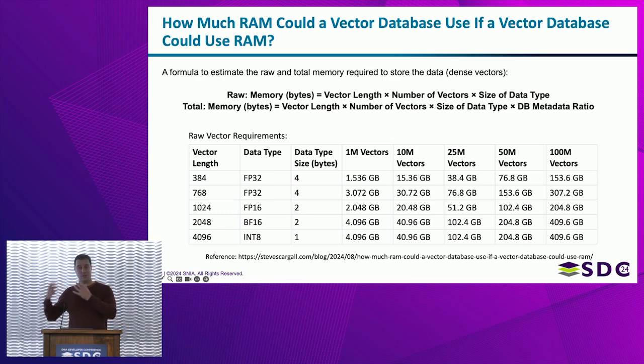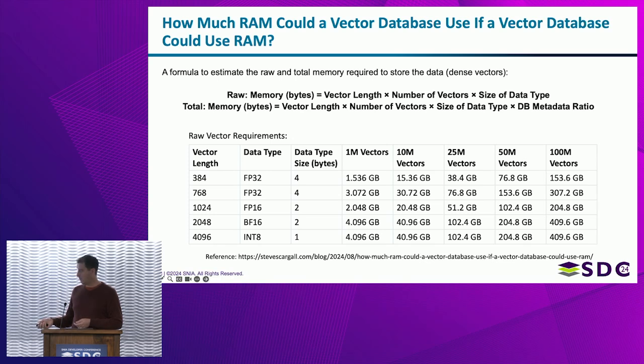And then obviously there's a database behind there, so there's some overhead, and that's what this metadata ratio is on here. So for this example, we chose Qdrant, a very popular open source vector database. It has a guesstimated ratio of about 50% overhead, dependent on the vector size. So in this table, I just summarize the vector lengths.